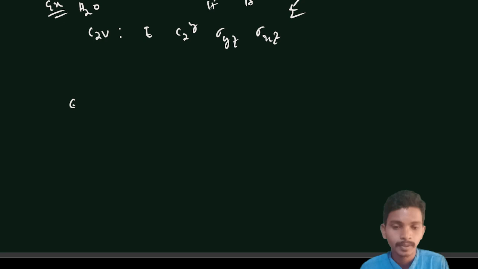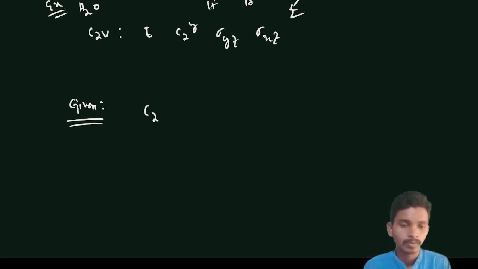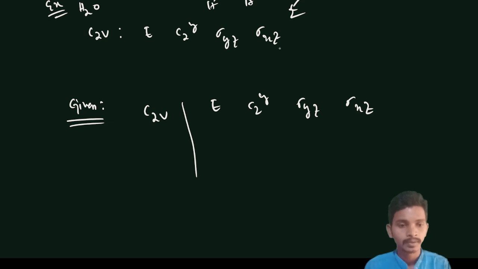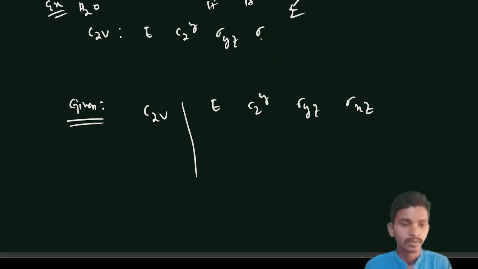So it will be given in the questions what that point group will be, and we will be given E, C2(y), sigma YZ, sigma XZ.